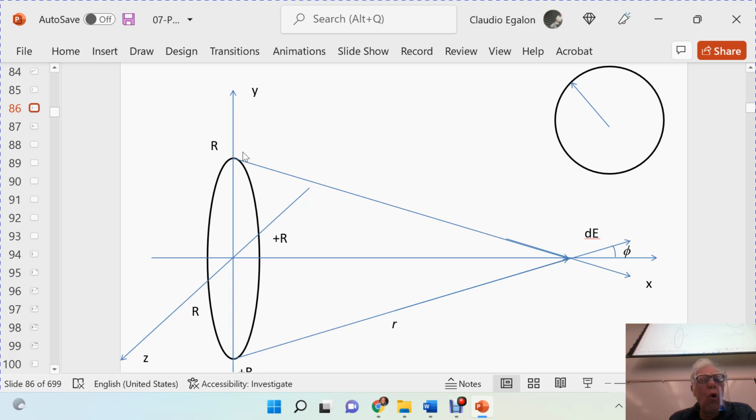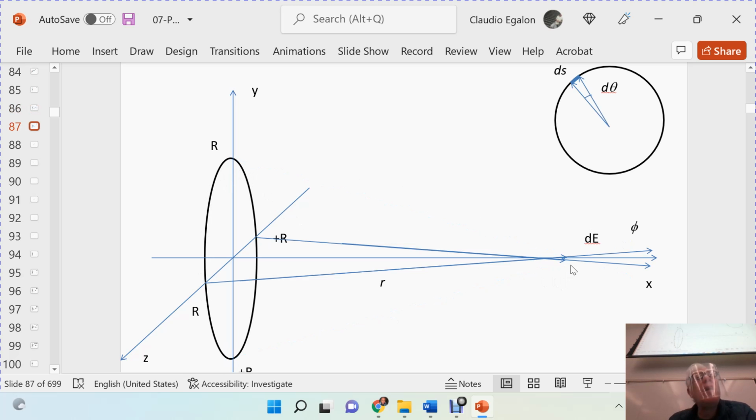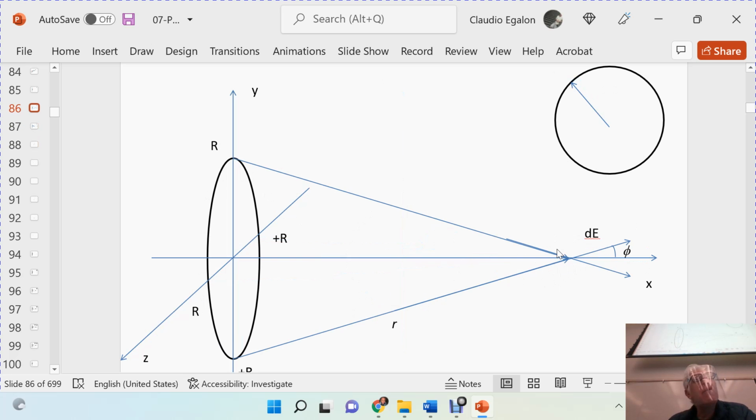Think about those vectors from those infinitesimal charges forming a cone. Because each infinitesimal charge is at the same distance to this point, the problem becomes easier to integrate. That's why I said it's mathematically simpler, but intuitively more difficult, because now you have to picture the fields here at this spot.